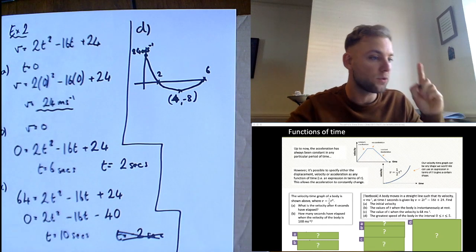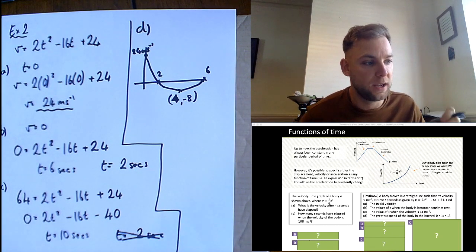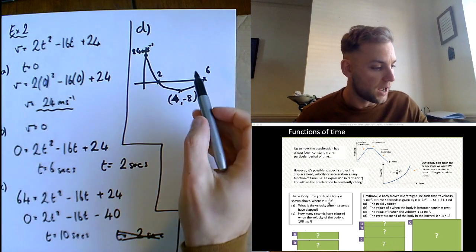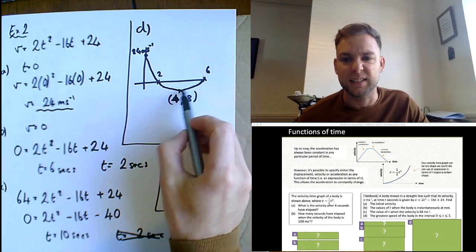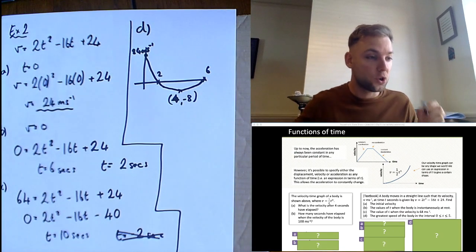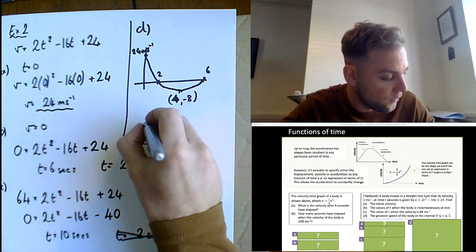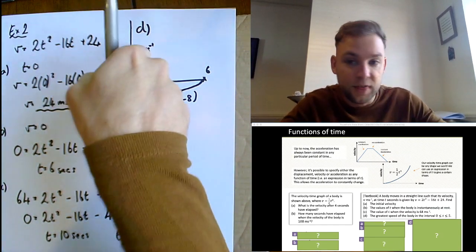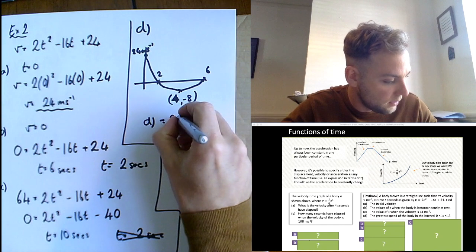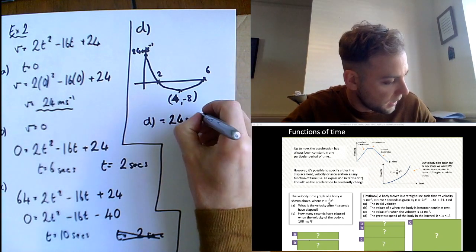Now this says it wants the greatest possible speed of the body in the interval between 0 and 5. At 5, we know it's still negative because it hasn't come back up yet. So the greatest speed here for D is equal to the starting point, 24 meters per second.